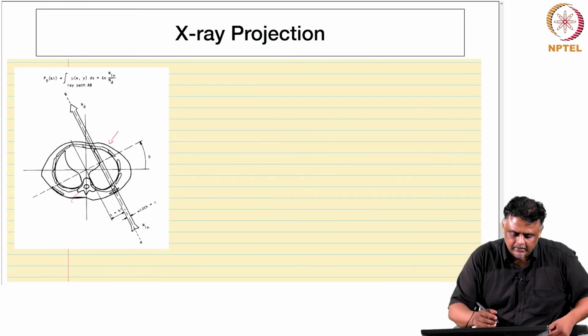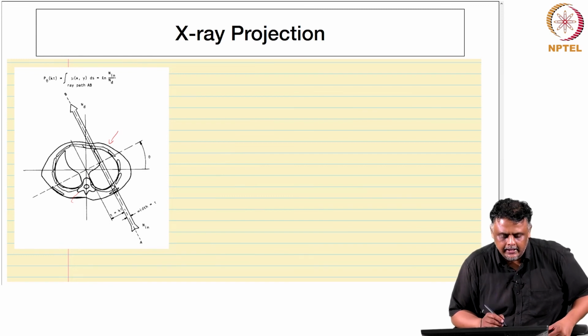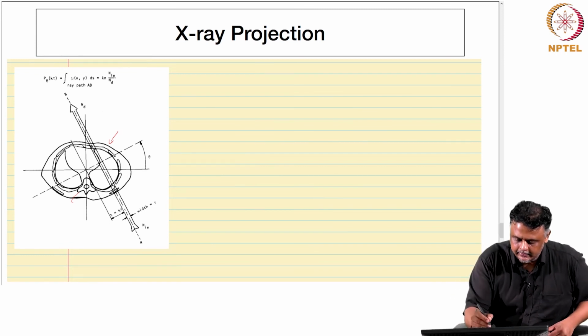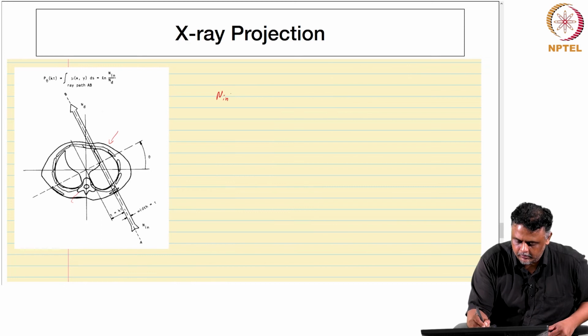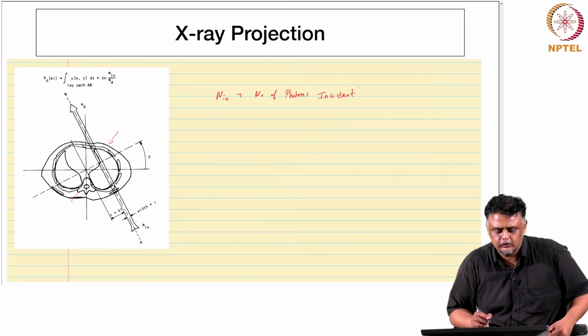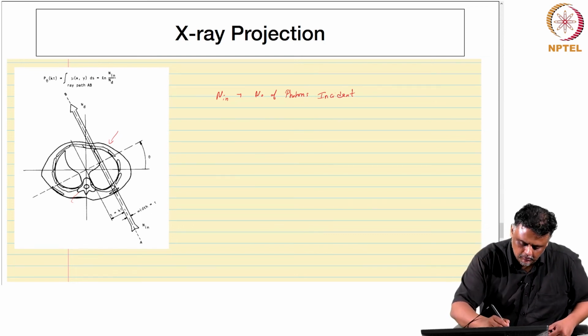Say you have an X-ray beam, and in this case n in is the number of photons incident on the patient, the count before you enter. Then of course it passes through the body, and this is the length it travels through the body.